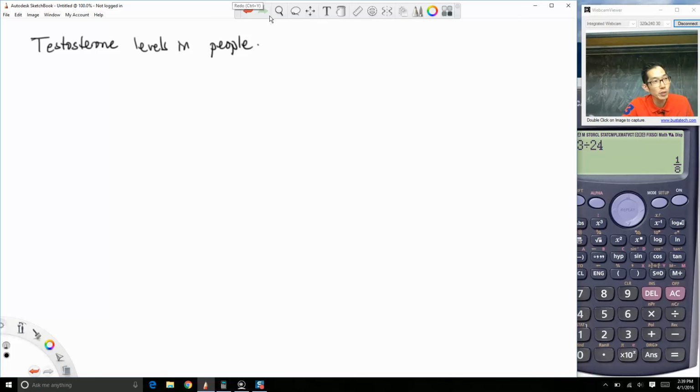Everyone should produce testosterone in their body. In general, men or people who identify as men will produce more testosterone, and women generally produce less testosterone.